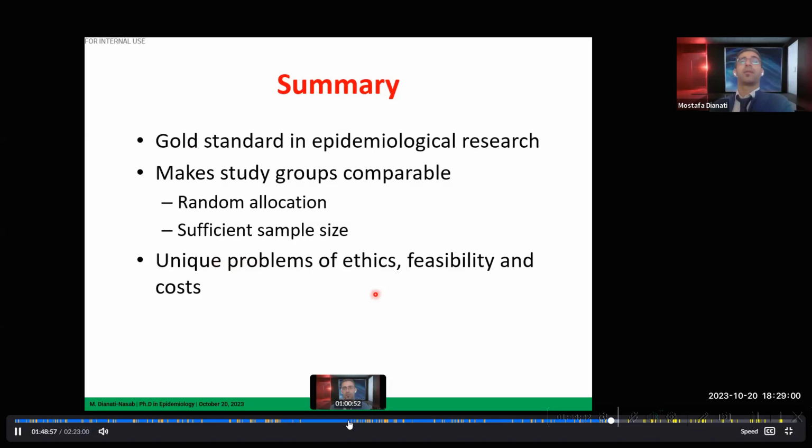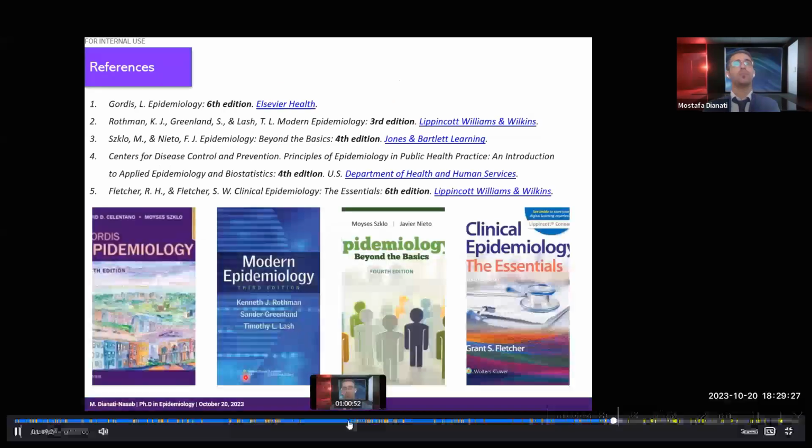Basically, ethics is the main feature of this kind of study. Sometimes it's not feasible to do, and the costs are high. So when you are going to perform an interventional study, keep in mind to see if it's ethical, if your cost is enough, if it's feasible for you, and then go ahead and run your study.